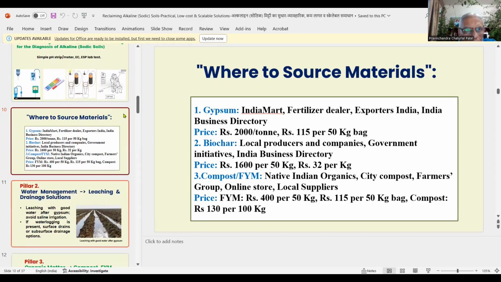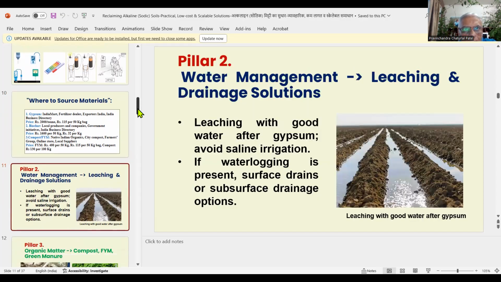Then pillar 2, water management. So in water management, leaching and drainage solution. So you can see a leaching with good water after the gypsum application. We have to apply the gypsum through broadcast, then cultivating or plowing or harrowing 15 to 20 centimeters.